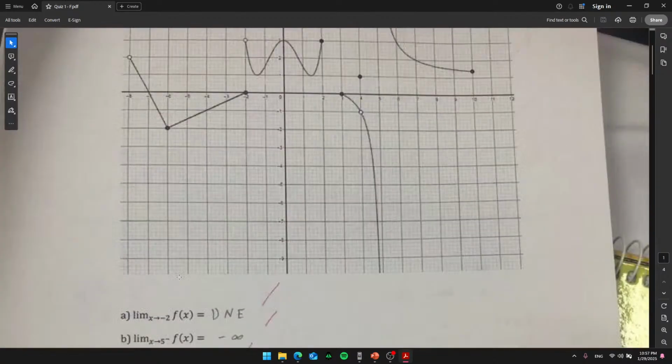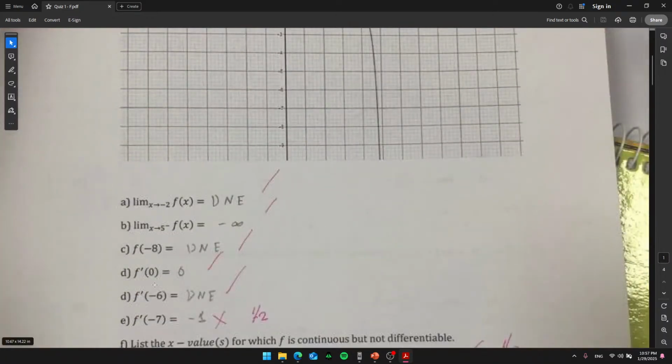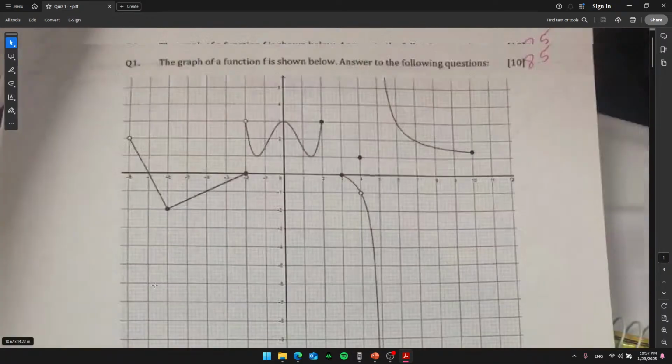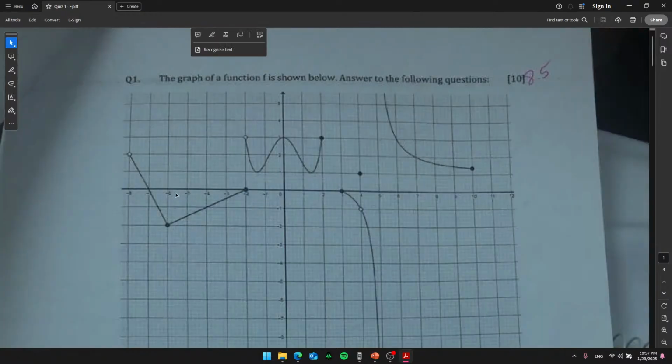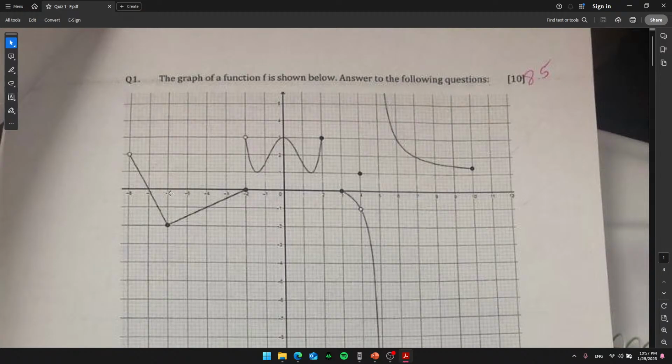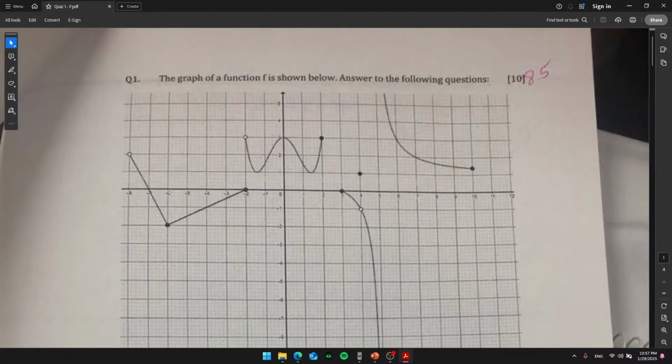Okay. It's not differentiable, so I'd say it does not exist. Yeah. f of negative 7 is negative something, because it's a negative slope, but negative what?